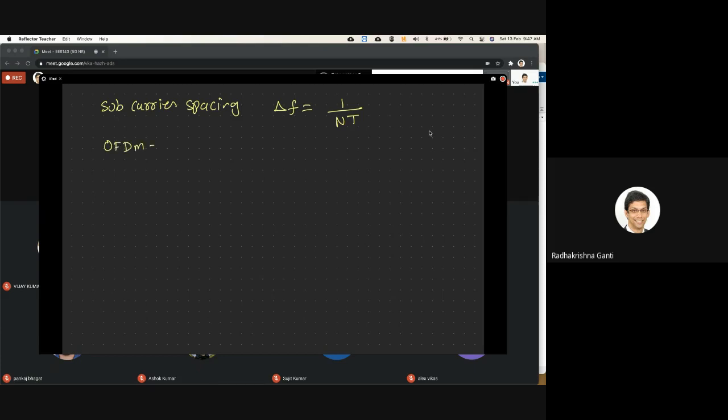OFDM symbol duration: an OFDM symbol means always the N samples together in the time domain. So symbol duration is equal to NT, which is equal to 1 by delta F.